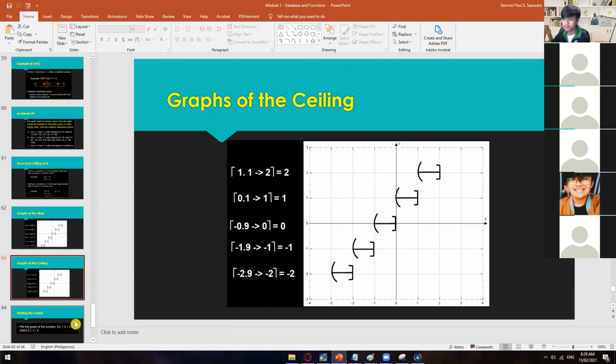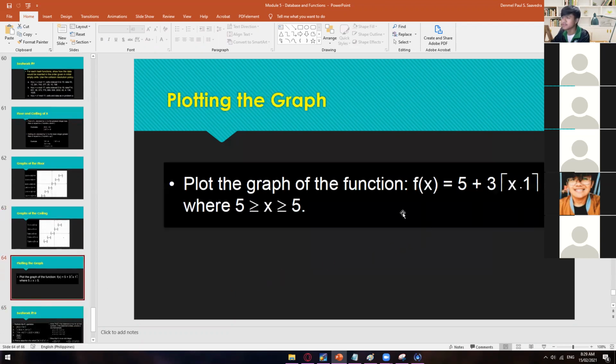Yes, sir. All right, so this is the last one, plotting the graph. This is just an example. Plot the graph of the function f of x is equal to 5 plus 3 ceiling of x, wherein our x's will start at negative 5. There's a correction on this one.